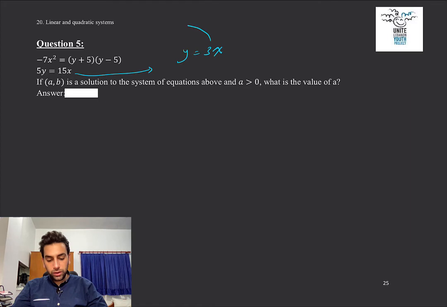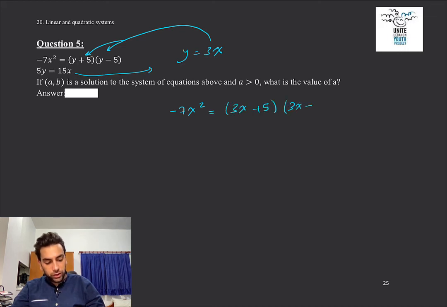Then substituting this x instead of the y's here, you will get minus 7x squared is equal to (3x plus 5) times (3x minus 5), which is equal to negative 7x squared, and this is equal to 9x squared minus 25, just by distributing this part.